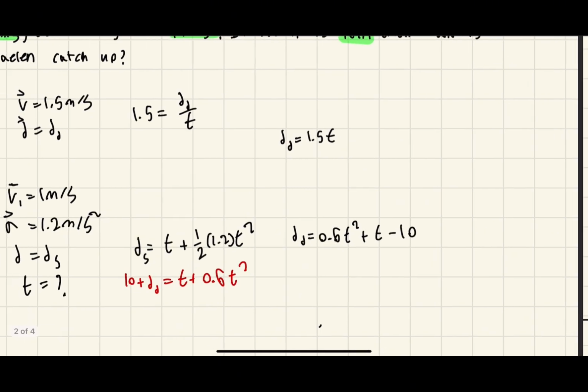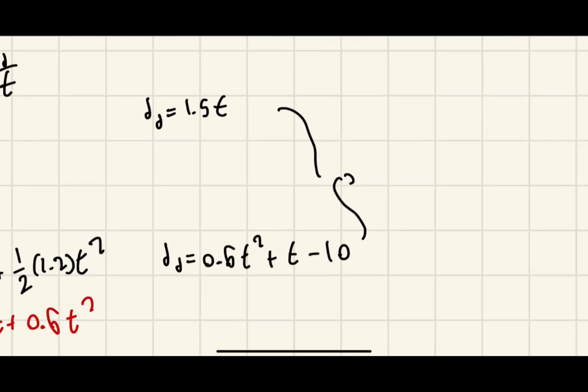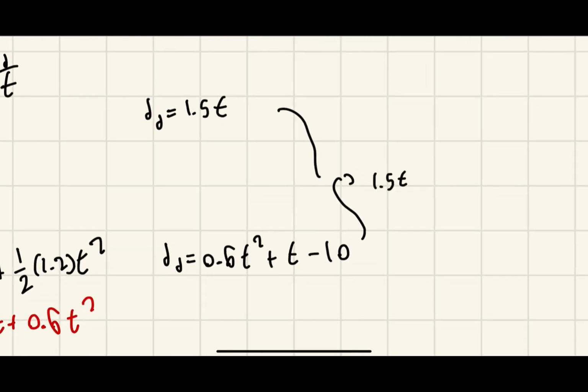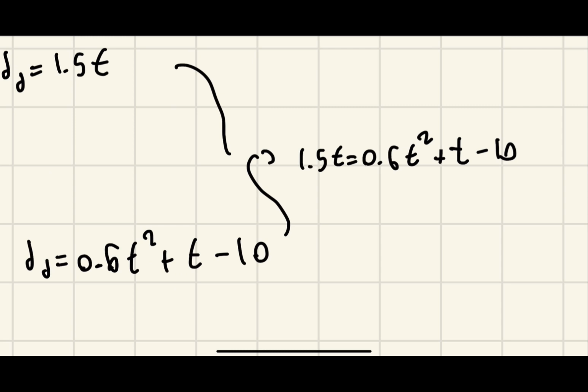And so we can set these two equal to each other. And we are going to get 1.5 t is equal to 0.6 t squared plus t minus 10, giving us this quadratic where we have 0.6 t squared minus 0.5 t minus 10 equals 0.